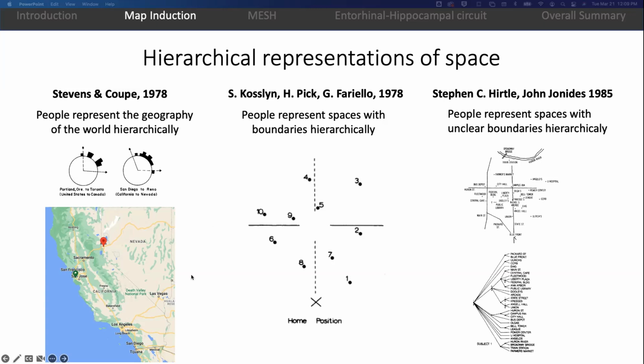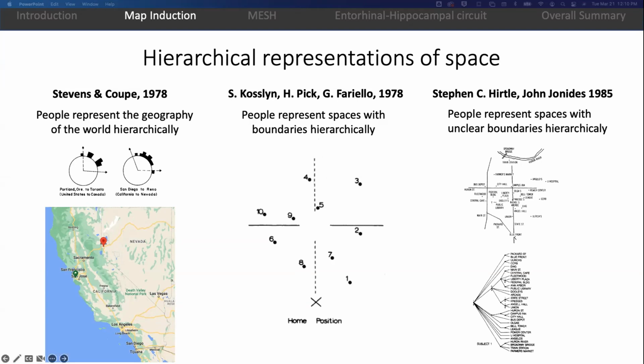If you ask someone where the city Reno is relative to Los Angeles, they usually say that it's to the east because they think of Nevada as being to the east of California, but actually it is to the west. So that's evidence that people might be representing these regions hierarchically.